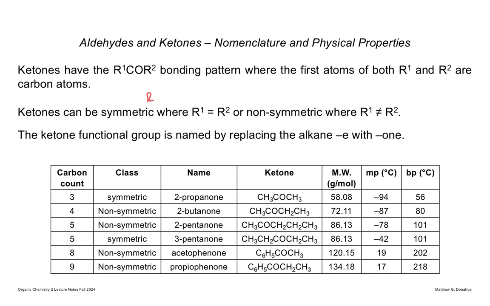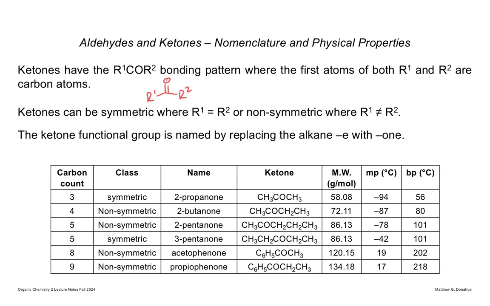So ketones now, the carbonyl group is flanked by 2 carbons. And so if R1 is equal to R2, then it's a symmetric ketone. But if they're not the same, then it's non-symmetric. And as we see in the carbon count, you get to a point where you actually have to specify where the carbonyl is.